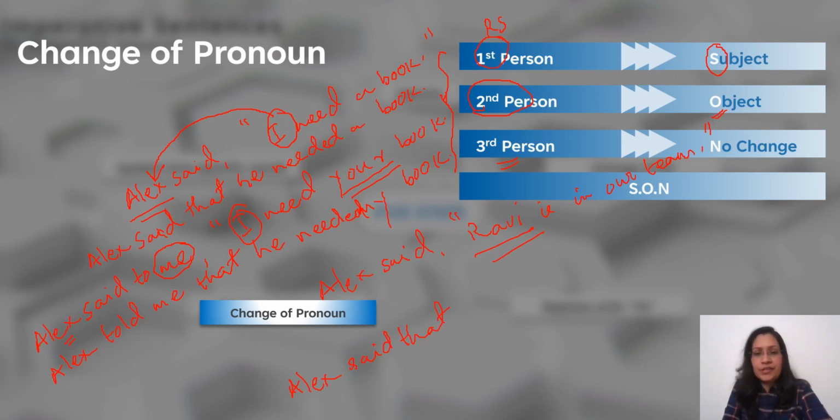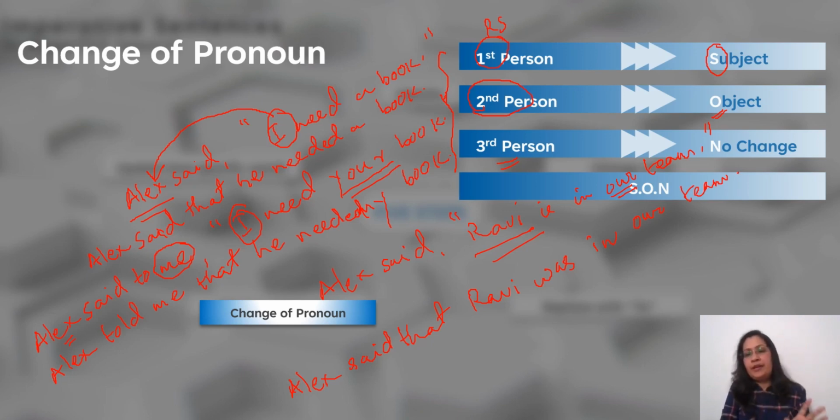Ravi is in our team, where our is first person, changes to was in our team. So children, when the reported speech has a third person, there is no change.